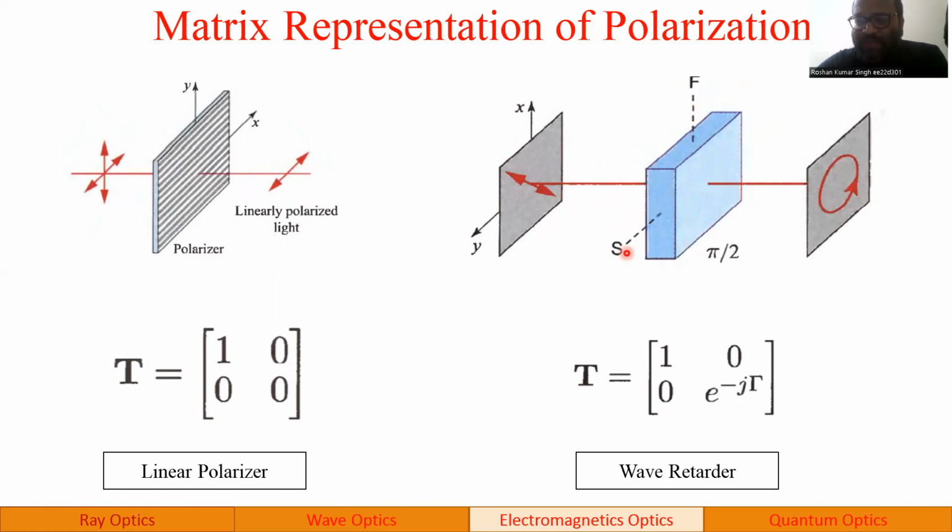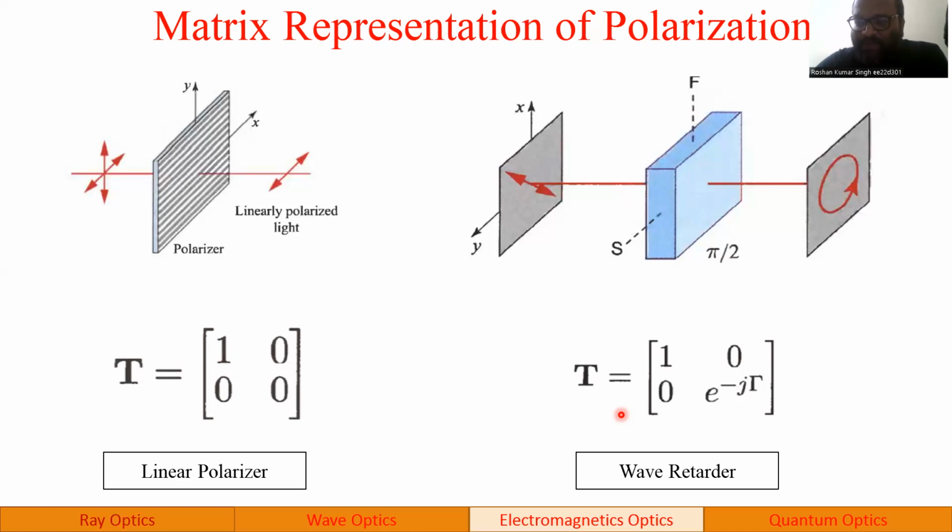When we induce the angle, there is a chance that the polarization changes from linear to circular or elliptical, or from circular to linear. When a material changes the polarization of the light, we call it a wave retarder. It is either a pi by 4 wave retarder or a pi by 2 wave retarder.